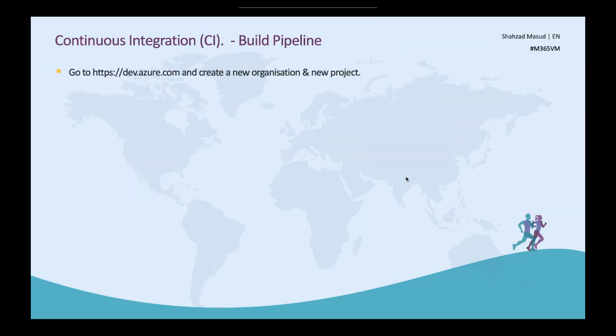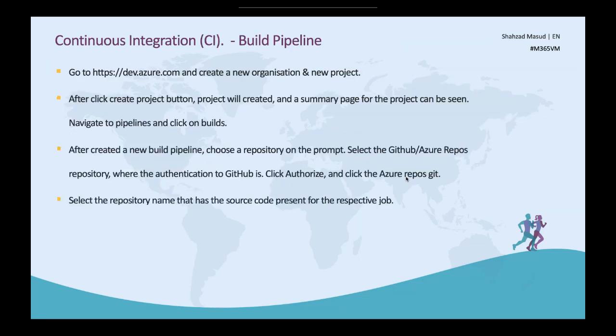There are multiple ways to build your pipeline, but the best way is to go to dev.azure, and create a new organization and a new project. A pipeline is a continuous integration environment, which is a required step for how to automatically deploy your application.